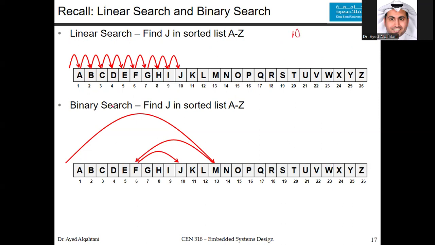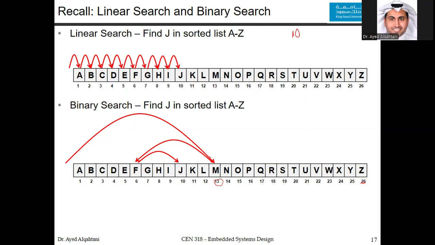Now, for the binary search, again, you try to find the same letter J, but now what you do in binary, you would say, okay, I start here at the beginning. I jump to the midpoint of the list, which is, if you say that it's 26 letters, then you jump to the middle point, which is 13. And now you compare the J to the M. You know the J comes before them.